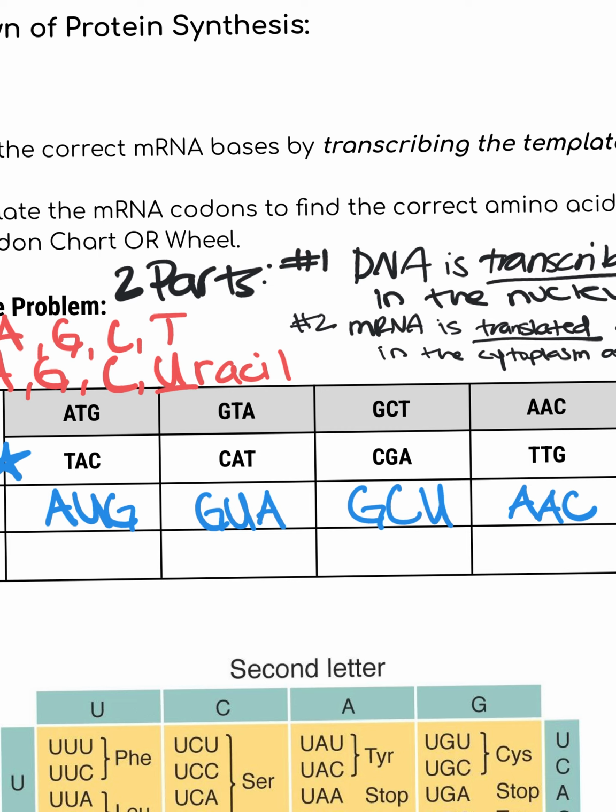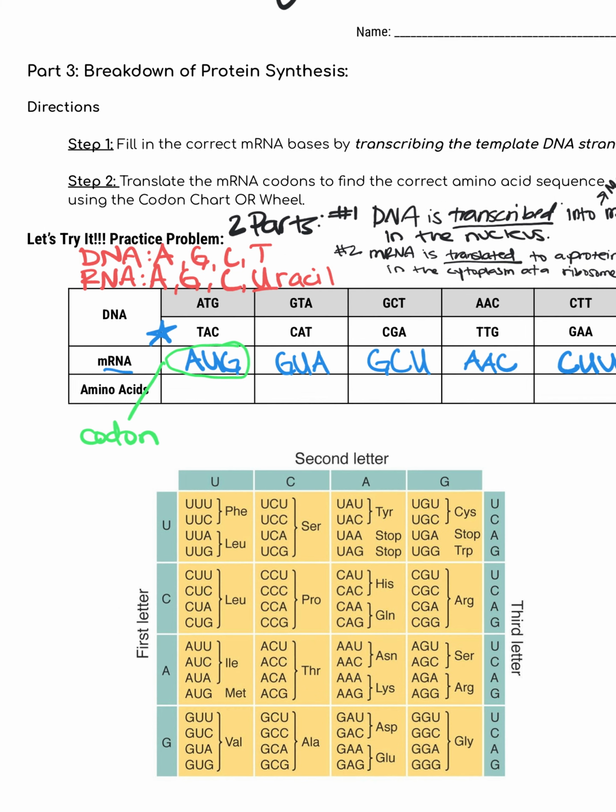Okay? Now is where we go to part 2, where we're going to translate them into a protein. So we need to figure out which amino acid goes with each of our codons. Remember, each group of 3 is called a codon. Okay, in order to do this, that's where we get to use either your chart or the wheel. Okay, so remember, you have both options. The wheel, you start in the middle and you work your way out.